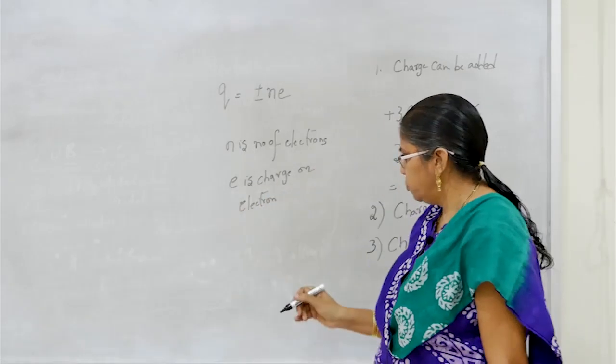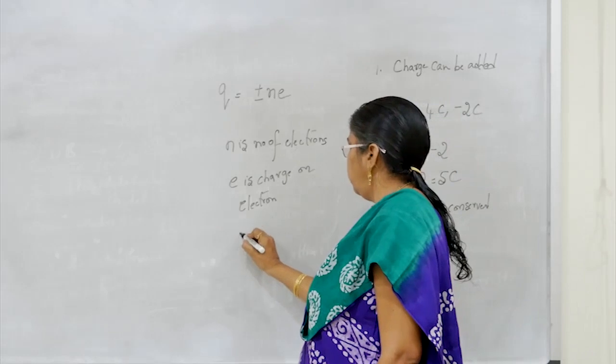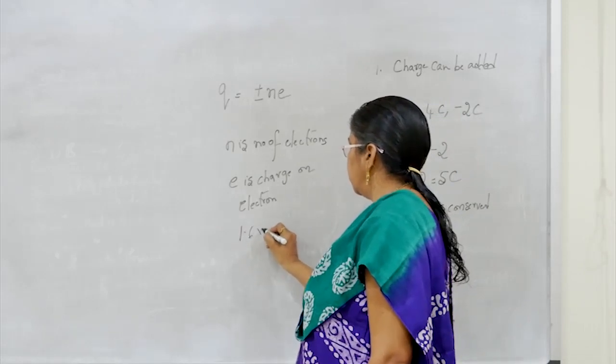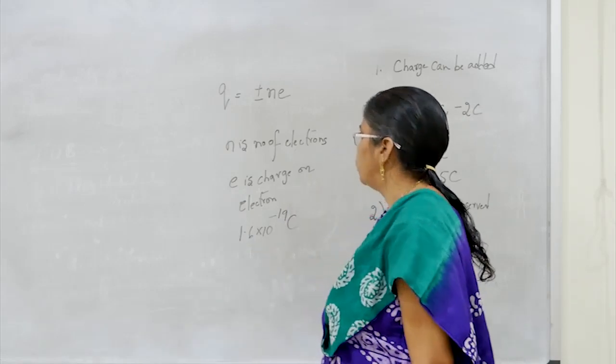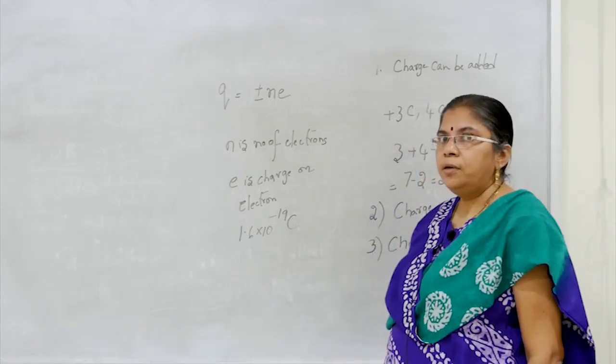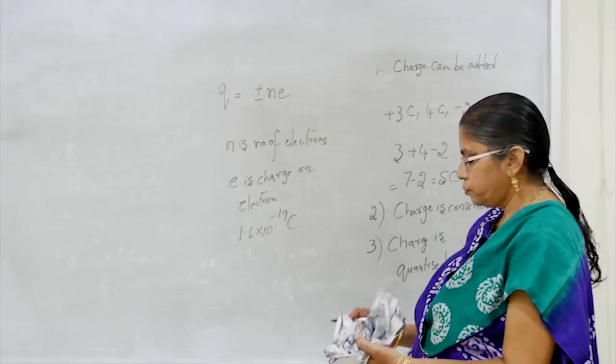Charge on electron, its value is 1.6 into 10 power minus 19 coulombs. So these are the three properties of charge.